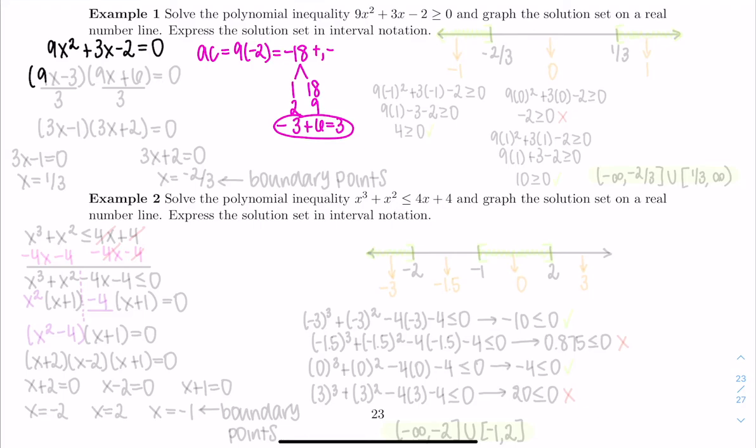So we bring the 9 down into both and we split the x's. We get 9x minus 3 and 9x plus 6. And we want to divide out whatever they have in common. We have a 3 in common in the first one and in the second one. And so we end up with 3x minus 1 and 3x plus 2.